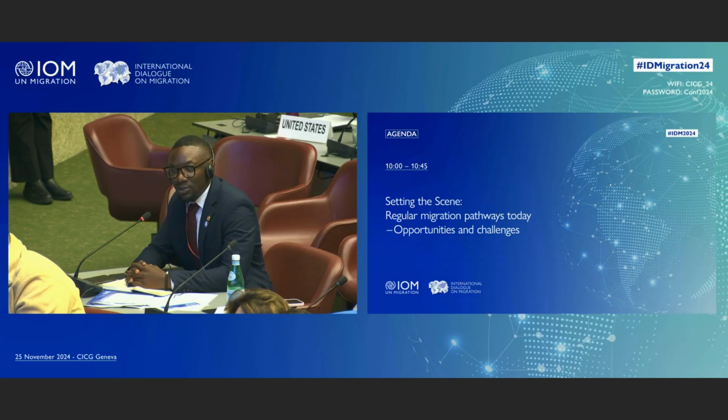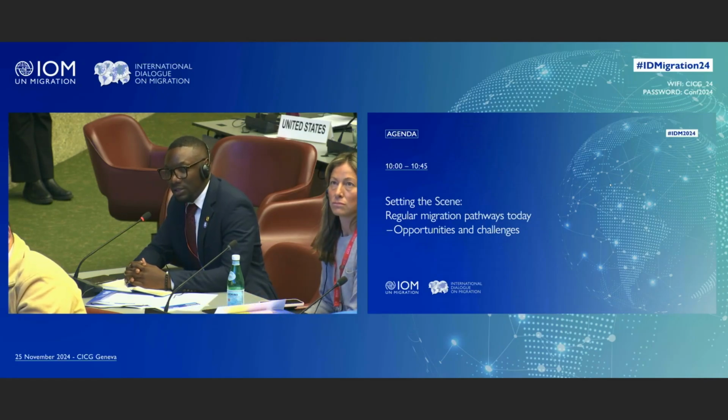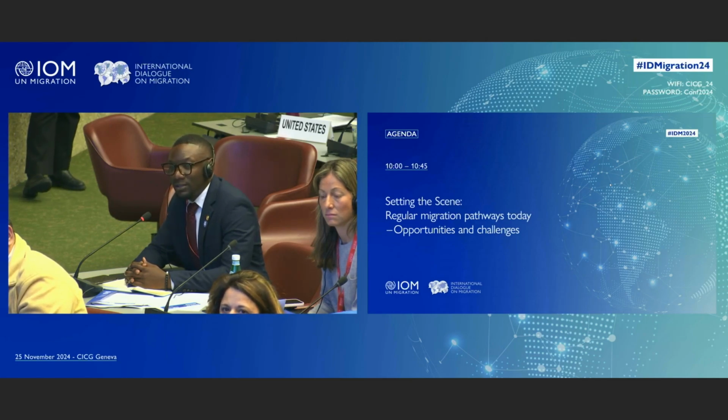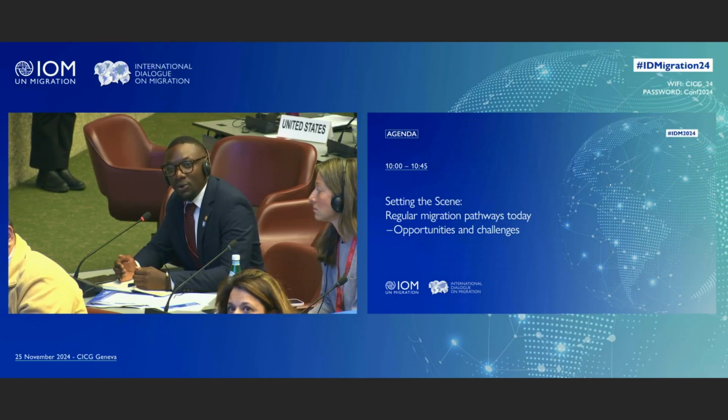The reason I ask this question is that the continent of Africa has specific policies that align with the GCM, particularly the Free Movement Protocol. But you'll find that only 4 African states out of 55 have ratified this. So there's a clear sign that it is not a political priority in terms of ratification, and young migrants are the ones who are suffering.